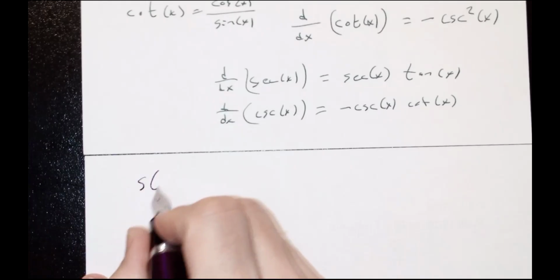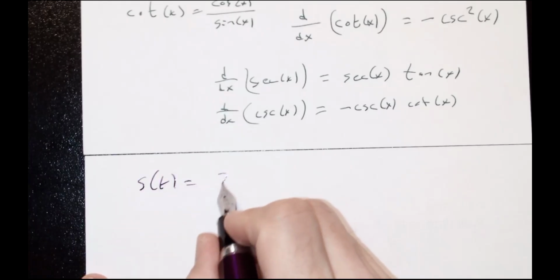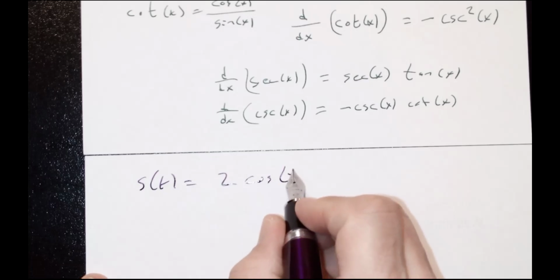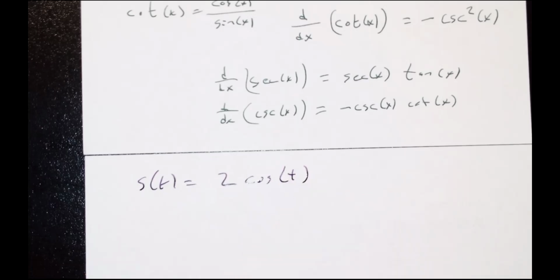If my position at time t is given by 2 cosine of t, well, now you can tell me how fast it's going at different times, right? What's the velocity at any given time? How do I get from position to velocity? I take a derivative.